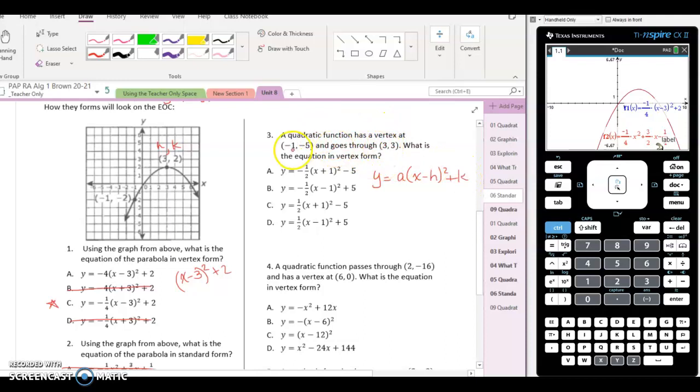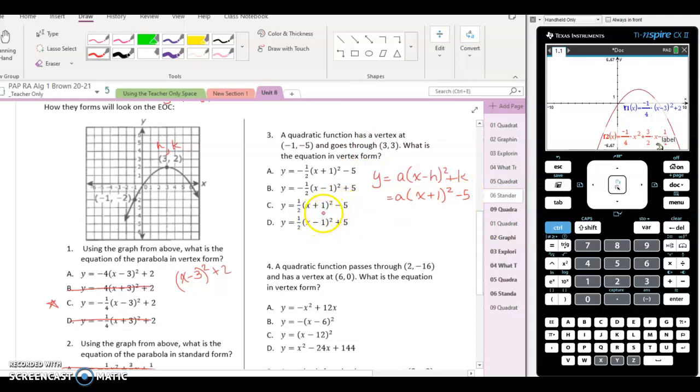If this was my vertex, -1 would be my h, so it would be x minus a negative, which makes this a plus 1. Plus 1 squared, and then minus 5, because that's a plus k, so that'd be minus 5.